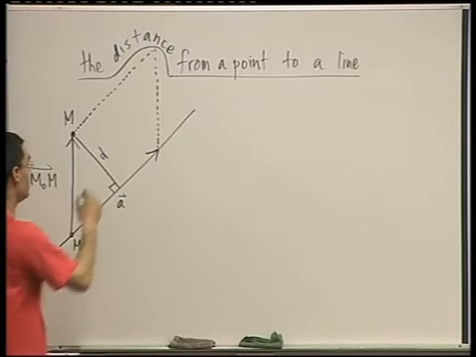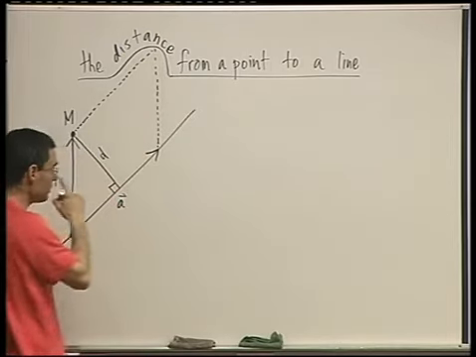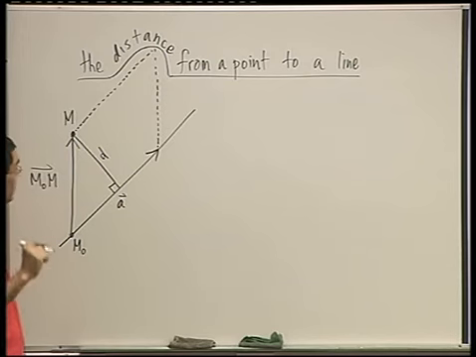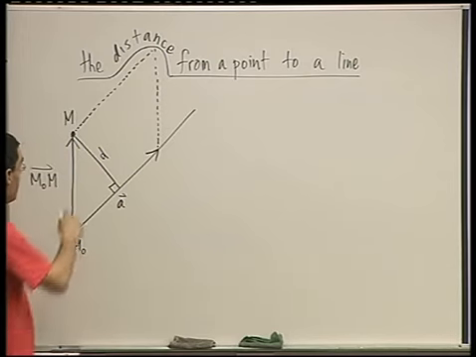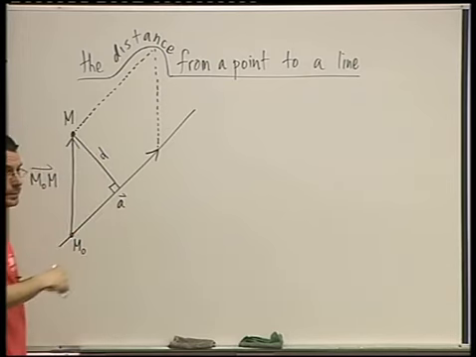Okay, now what does this remind you of? Cross product, good. So, and what is this D that we're looking for? It's the height of this parallelogram. Do you agree?